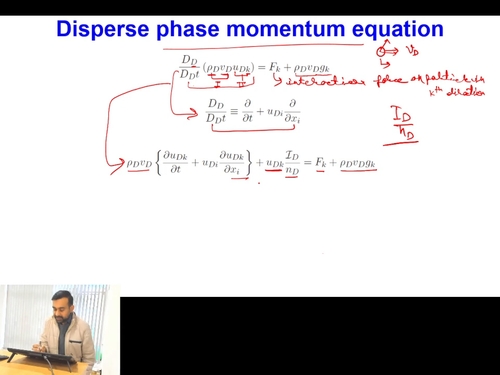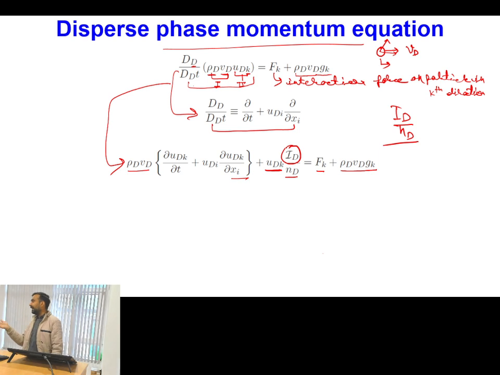So what does this term represent now? As I told you earlier, whenever we write the momentum equation for the nth phase, routinely our local and advective terms will be there.